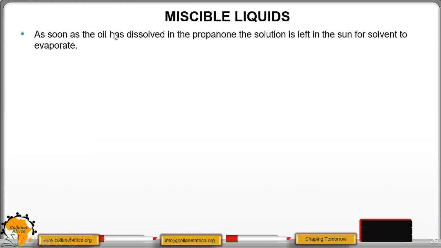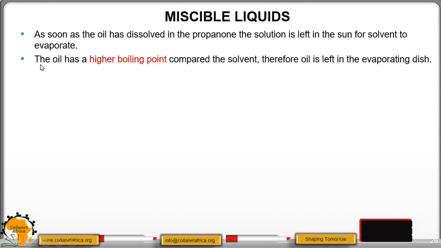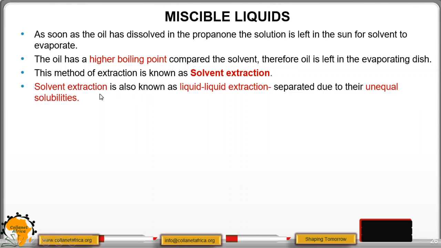As soon as the oil has dissolved in the propanol, the solution is left in the sun for the solvent to evaporate. The oil has a higher boiling point compared to the solvent. Therefore, oil is left in the evaporating dish. This method of extraction is known as solvent extraction.